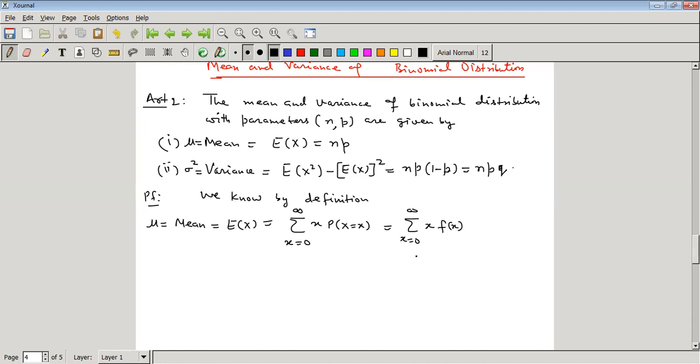And what is fx for binomial distribution? It is only defined for x equal to 0 to n, and otherwise it is 0. We only take the value x from 0 to n, x into nCx p to the power x, q to the power n minus x.